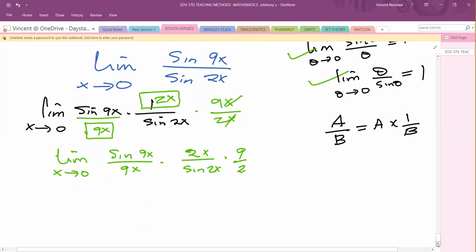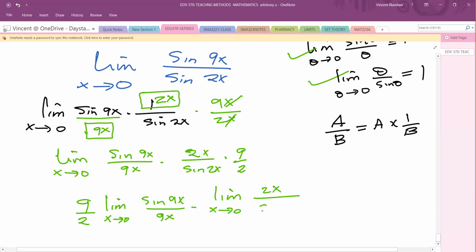Using properties of limits, I take out 9 over 2. Then I have the limit as x approaches 0 of sine 9x over 9x, multiplied by the limit as x approaches 0 of 2x over sine 2x. Here we have just used the product rule of limits.